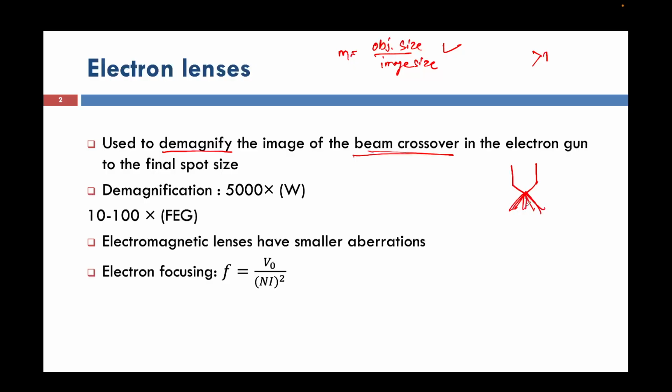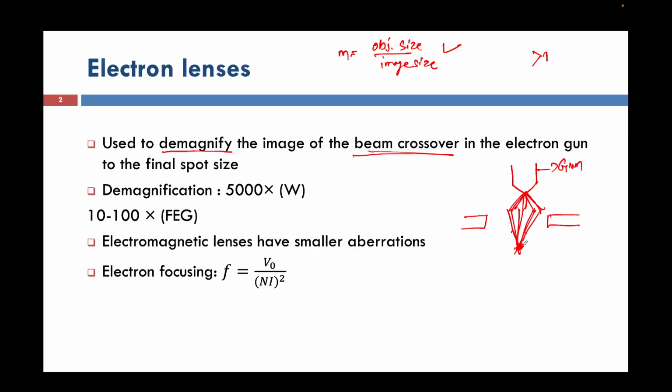The electrons are extracted, this is the gun, the electrons are coming, and then here I am putting my condenser lens, right? What is the use of this condenser lens? It will try to put all these electrons into a focused point. This is what I call the beam crossover, right?